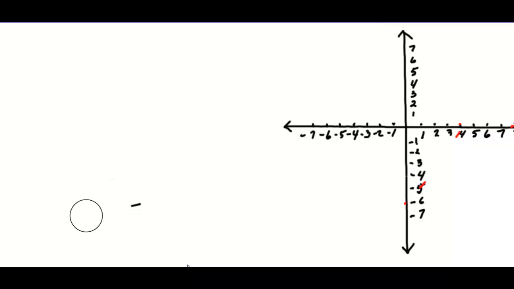Then we have two other parameters with that. Those other parameters are x is greater than or equal to 1, and y is less than or equal to 3. So I'm going to write all three of those up.